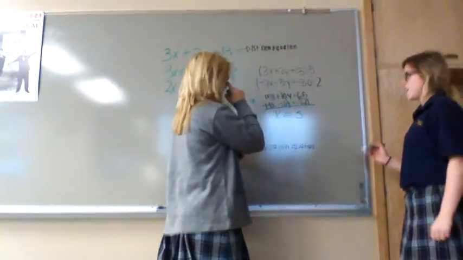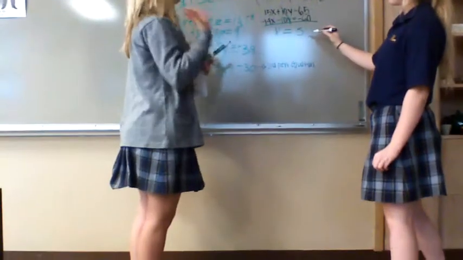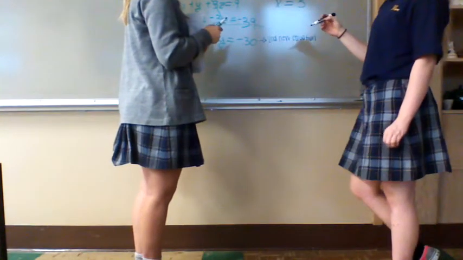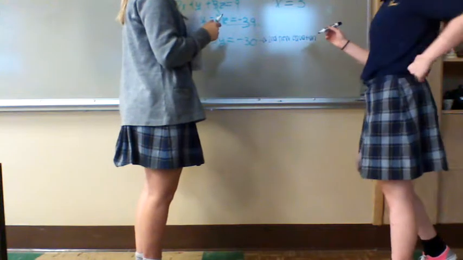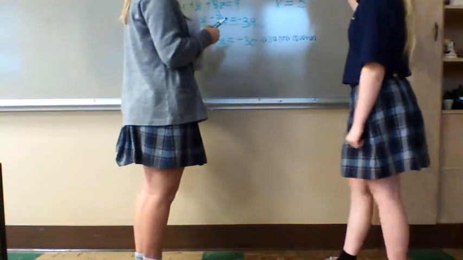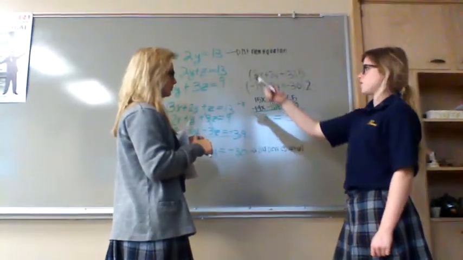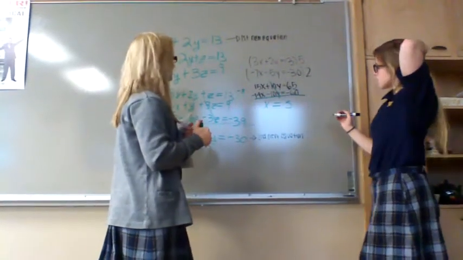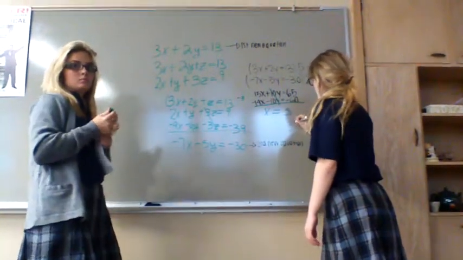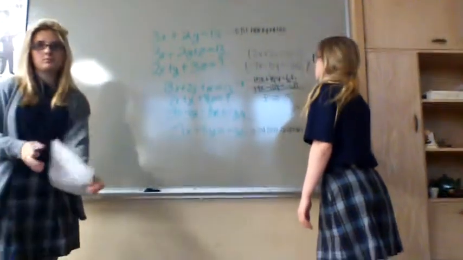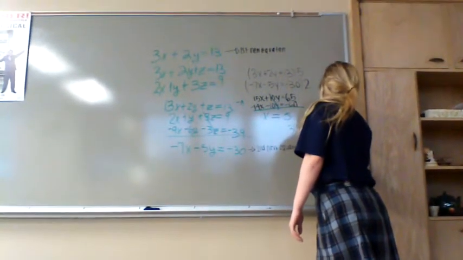And then when you find the x, you can fill it into one of the new equations to find y. We'll find y using the first new equation because it has fewer negative numbers. So we can do 3 times 5 plus 2y equals 13.